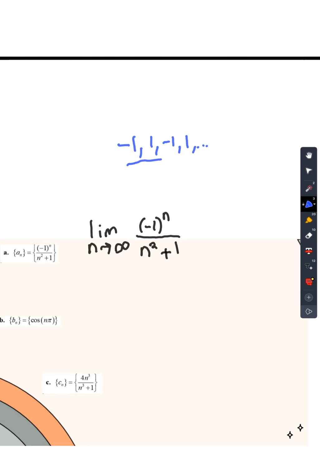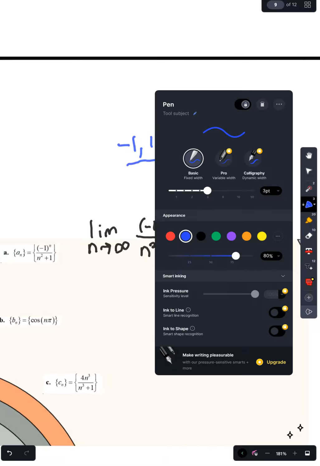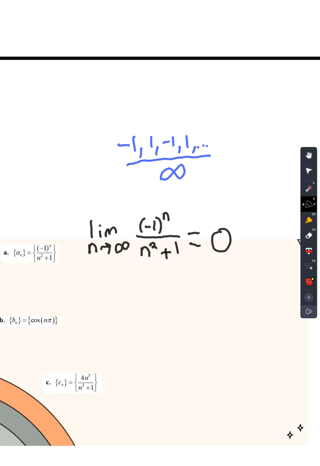Also notice on the bottom, this is just me thinking it through, because I can't actually plug in infinity, but infinity squared would still be infinity, plus 1 is infinity, right? So I'm still getting a really big, large number on the bottom. Since -1 and 1 are both pretty small numbers, I still have what we can consider a constant on top over infinity. So we can still say that this converges to 0.